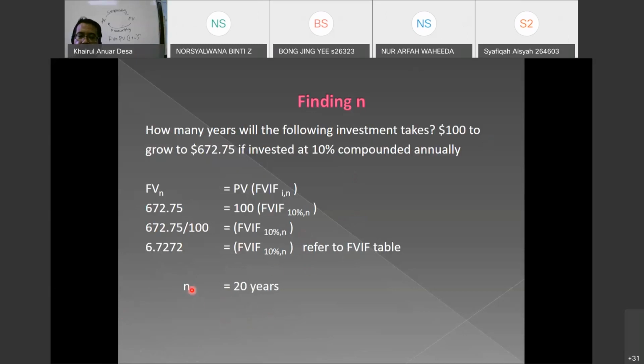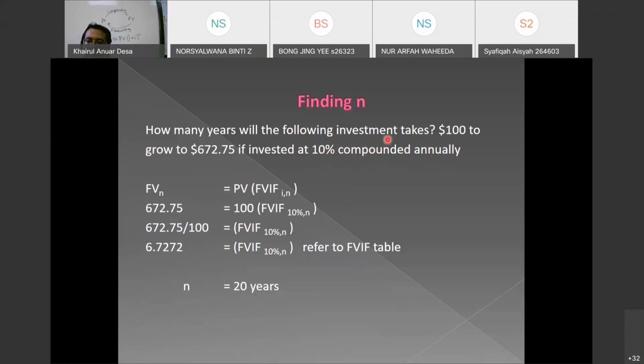Okay, begitu juga dengan N here. If the question tests you on the N, kuasa di sini N. So again, how many years will it take for an investment of 100 to grow to 672.75, invested at 10% compounded annually.